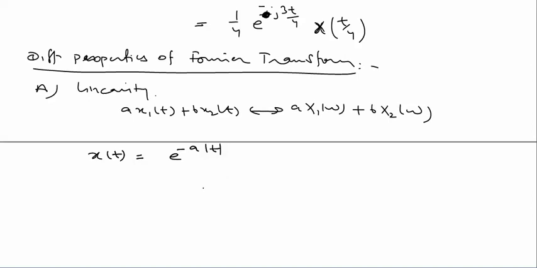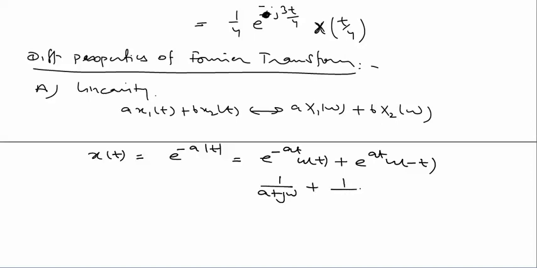We already did this. Expansion of this term is e power minus at u(t) plus e power at u of minus t. As per the linearity property, we have to add these two transforms and the result will be the addition of these two, 2a upon a square plus omega square.